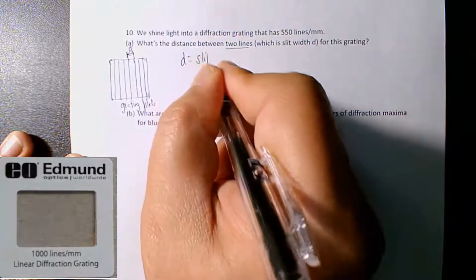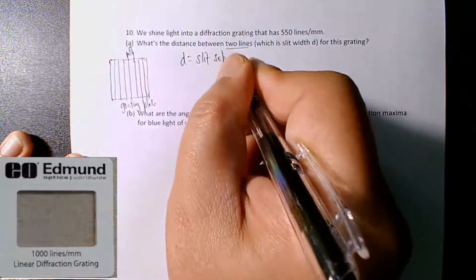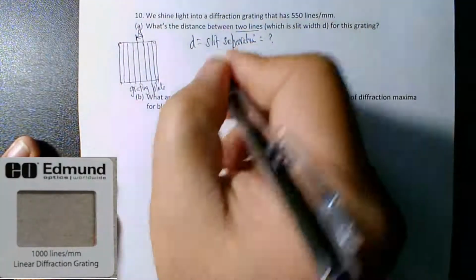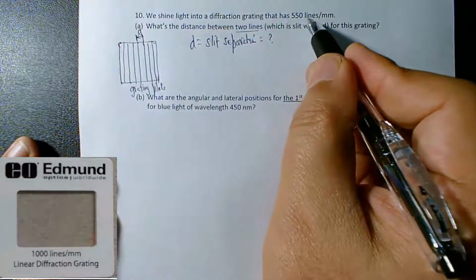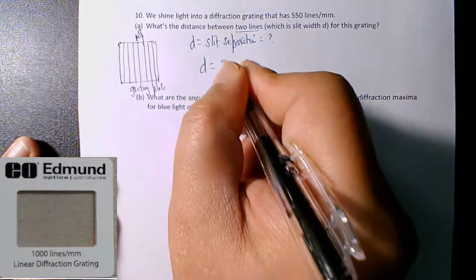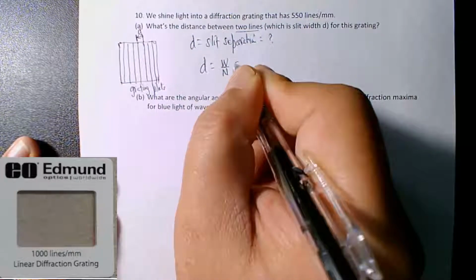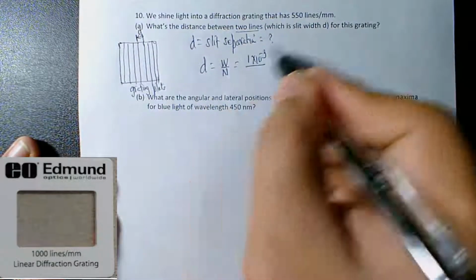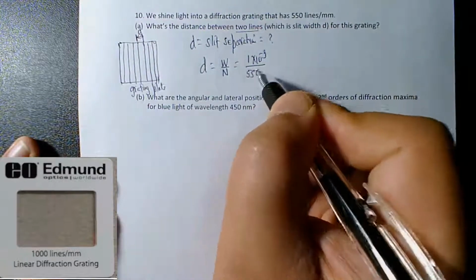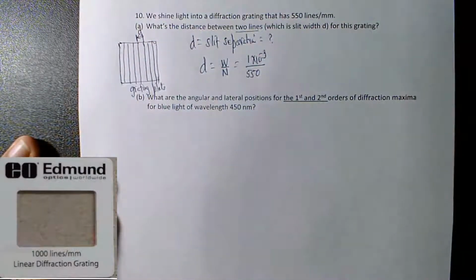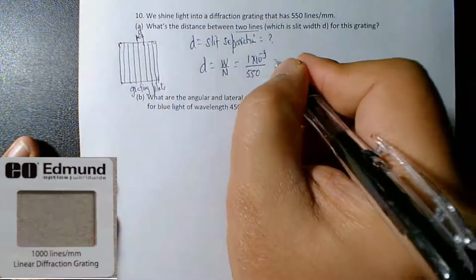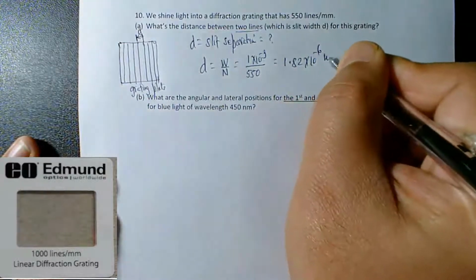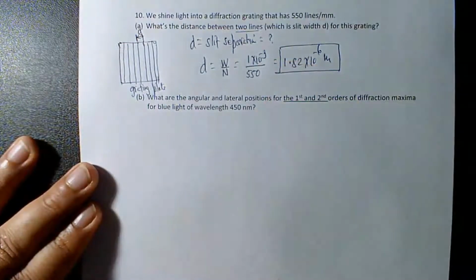So you can directly use the formula W over N. W is 1 millimeter, which needs to be in meters, and N is 550 lines. That's it. The answer is 1.82 times 10 to the power negative 6 meter, okay, 1.82 micron.